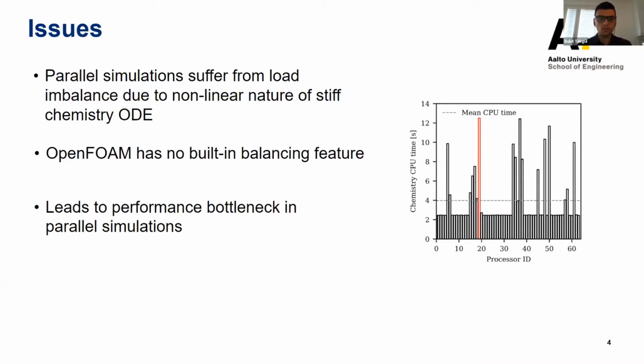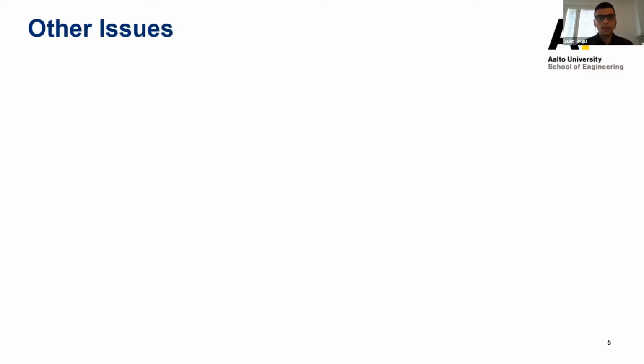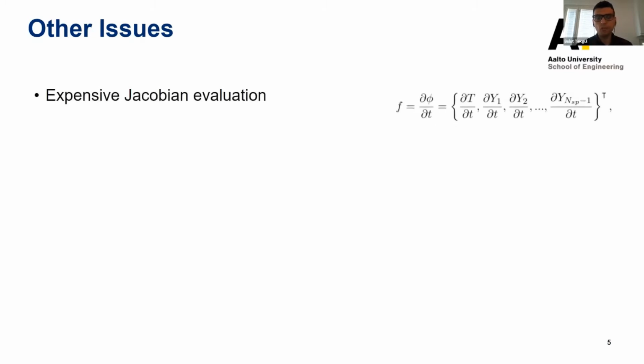For instance, in this figure, you can see that the processor with the red bar is basically holding everyone back. There are also some other issues regarding ODE problem formulation when solving the chemistry problem. First of all, the Jacobian evaluation is quite expensive in OpenFOAM, even though starting from OpenFOAM version 9 it is supposed to be using an analytical Jacobian formulation.